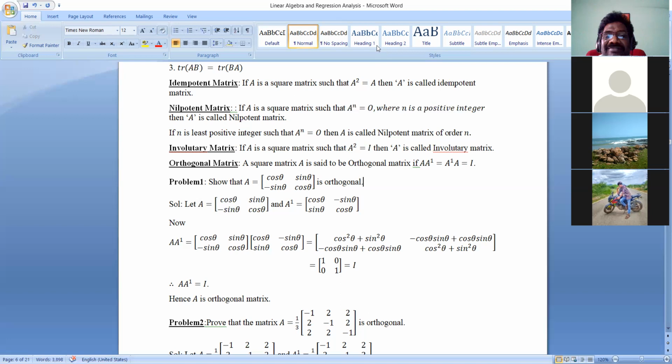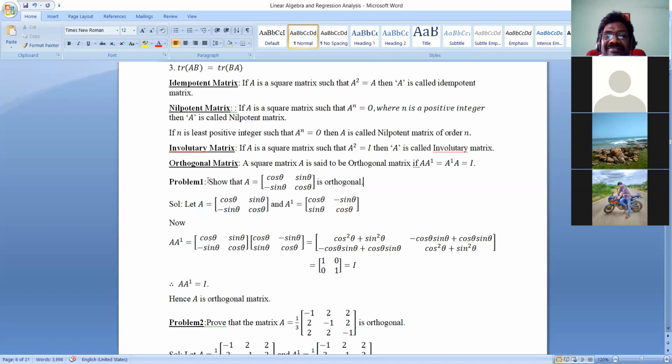So you have to be more cautious and excel in your profession, especially in linear algebra and regression analysis concepts, please.